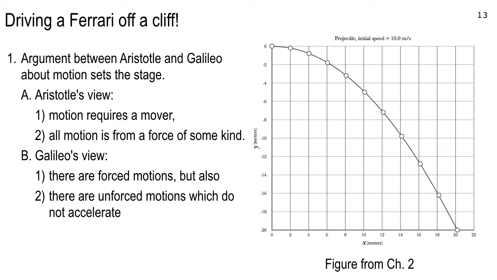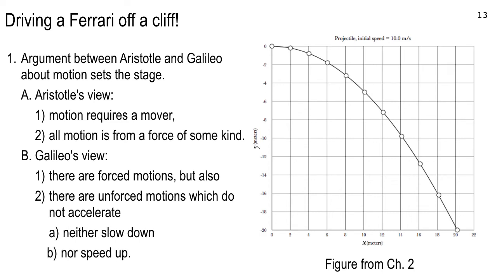Aristotle said, even if something's not accelerating, it has to have something pushing it. He said, if something's at constant speed, that's fine, but it has a push. And Galileo said, oh no, not necessarily so.